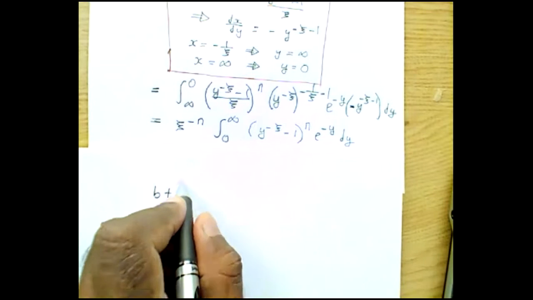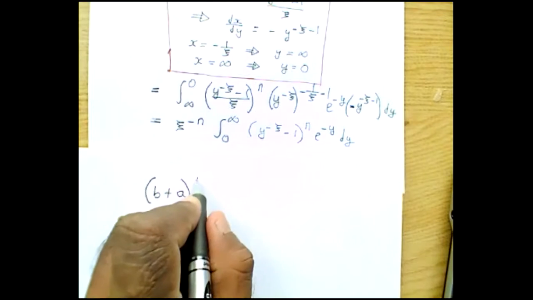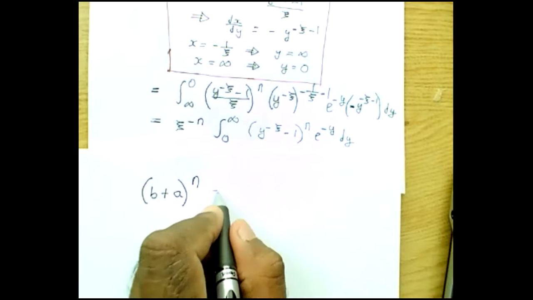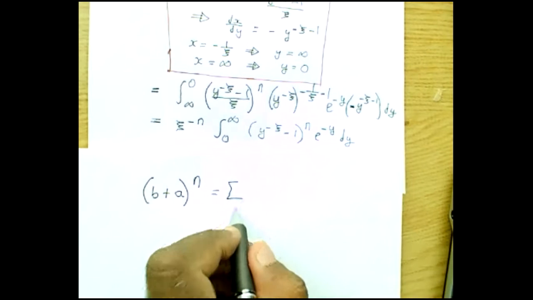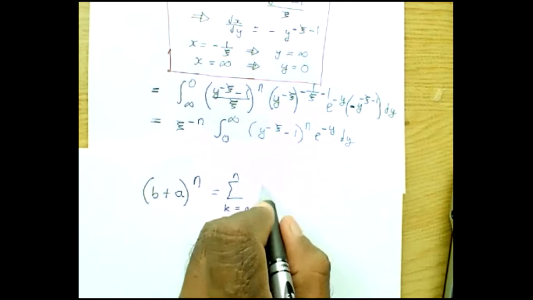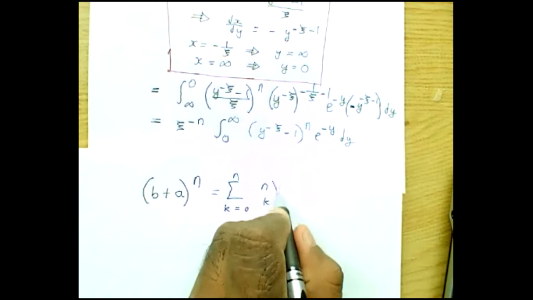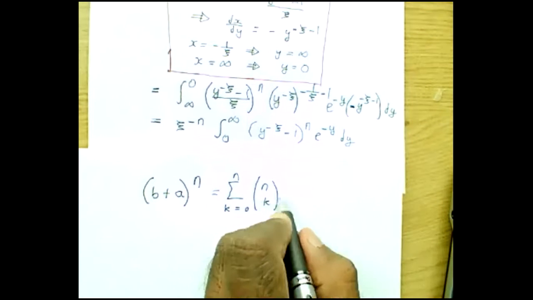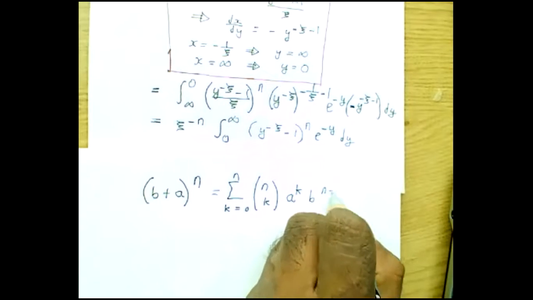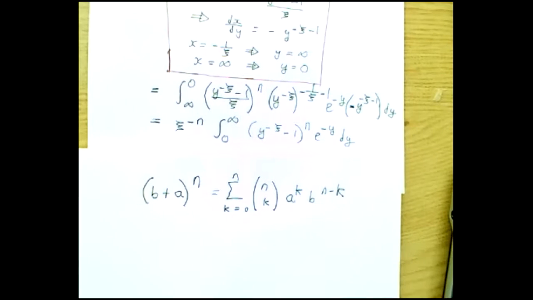If you have something like this, (b + a) to the power n, then you can write it like this, all right?